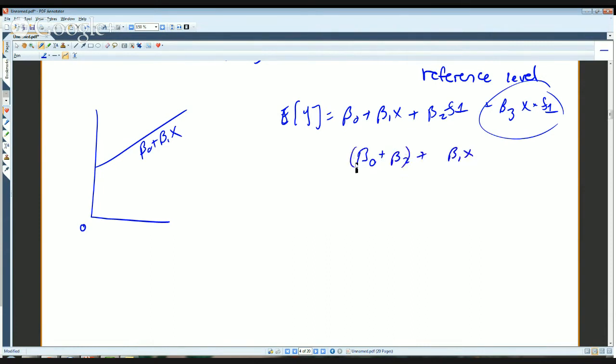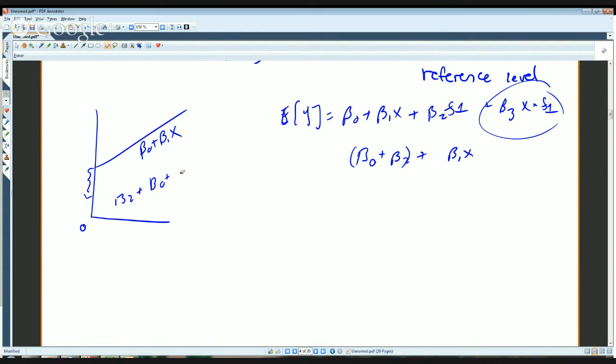And you would get that the intercept changes, but the estimated slope would be the same. All that it's allowing is to move the line for when factor 1 equals 1.